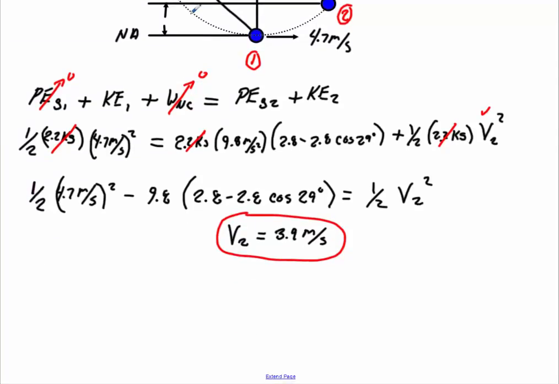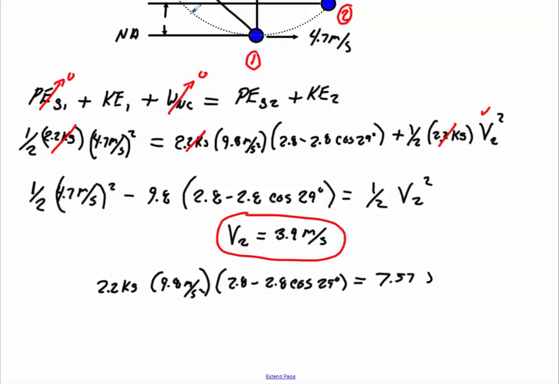So my gravitational potential relative to that point is just going to be the 2.2 kilograms times 9.8 meters per second squared times 2.8 minus 2.8 cosine 29 degrees. And when I run that, I get 7.57 joules.